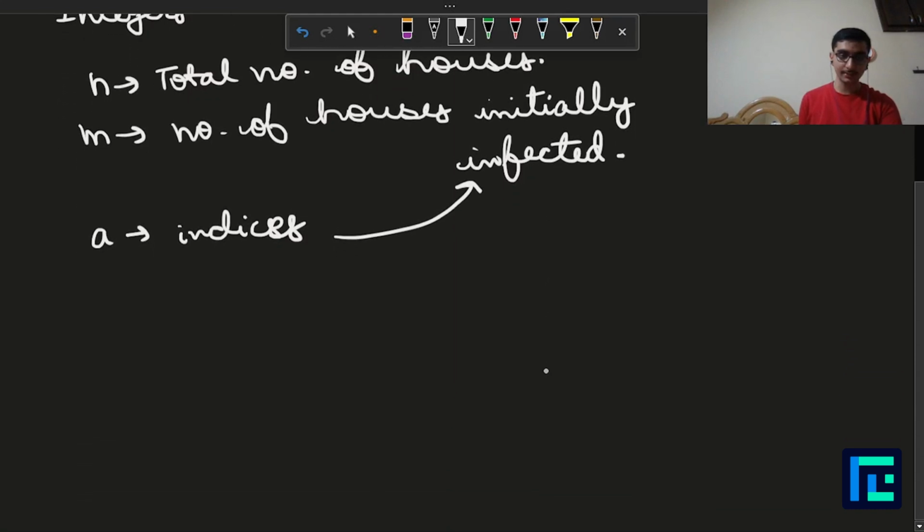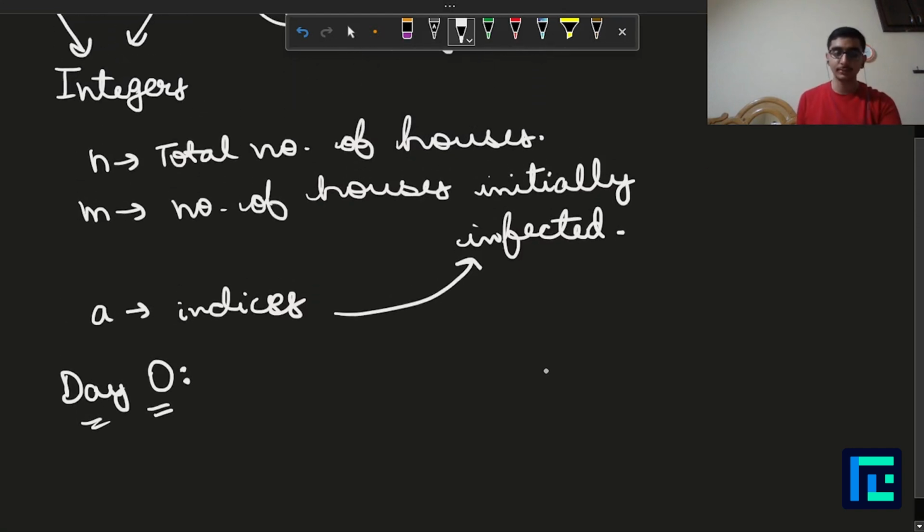Now what we are asked is that, let's say we are at the beginning of day 0. On the beginning of day 0, the main player here, Cyrno, has the option to protect some house. So every day she can protect exactly one house. So what does it mean to protect a house?